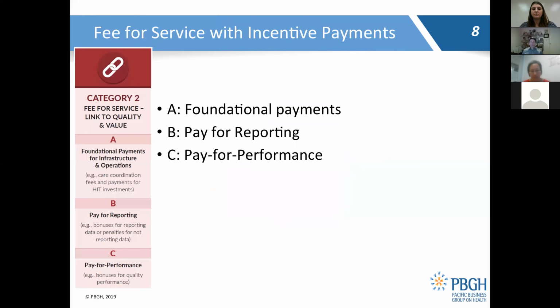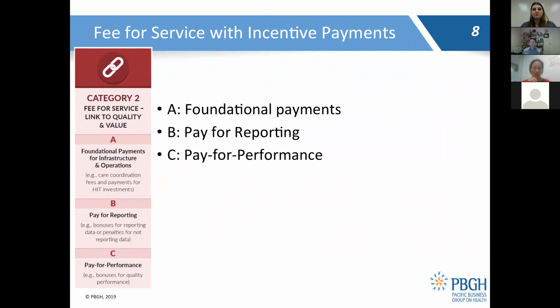The next slide. We're going to start with category 2, very briefly. I think many folks are familiar with the types of payments under fee-for-service, and many of you indicated participation in pay-for-performance programs. And in each of these categories, there's a progression around the level of risk that is undertaken and also the set of requirements.